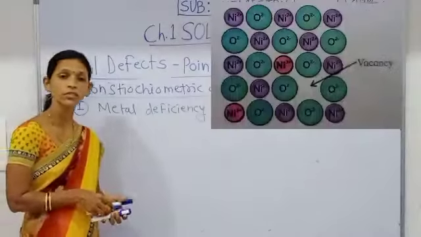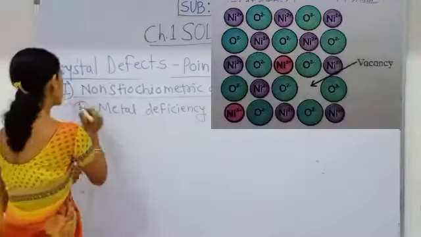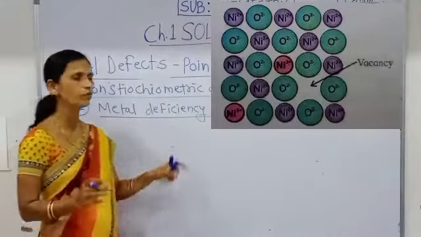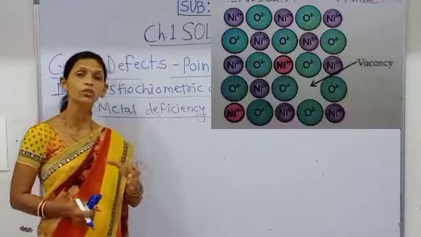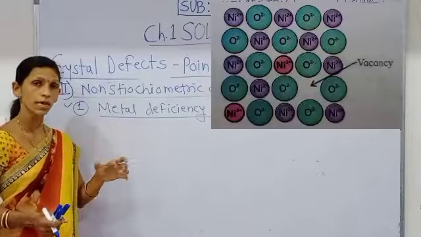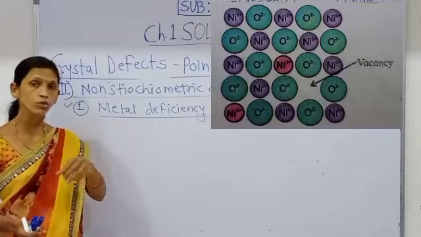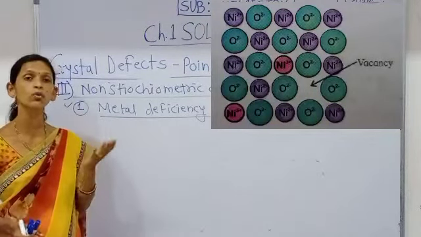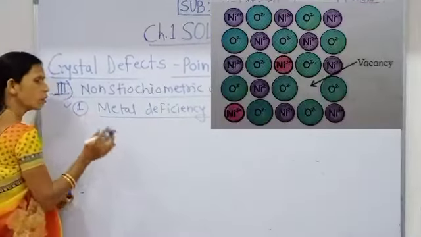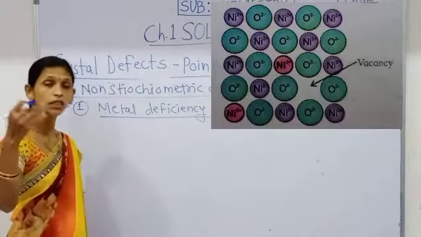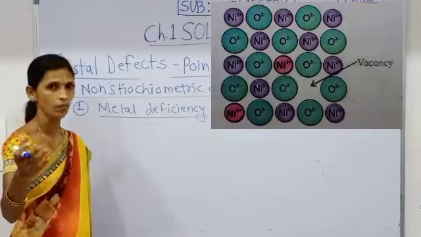Those are the two different types of non-stoichiometric defect. First, the metal deficiency defect is observed in those compounds in which the constituent metal particle shows variable oxidation state. What is variable oxidation state? All of you studied it in transition elements.